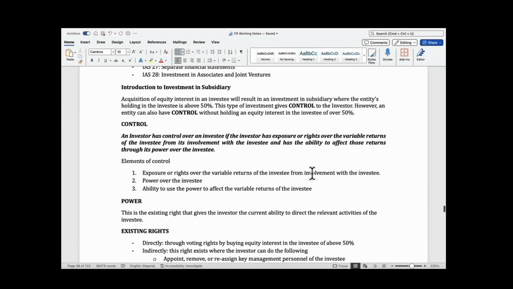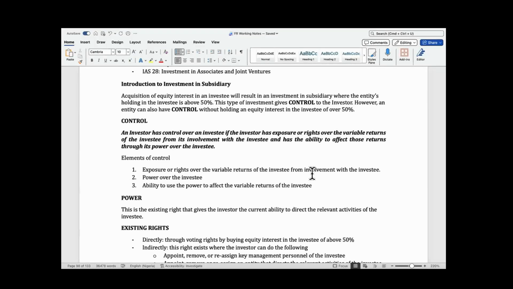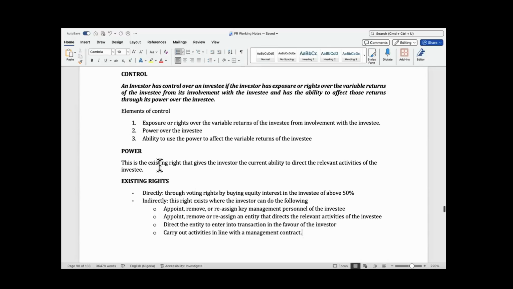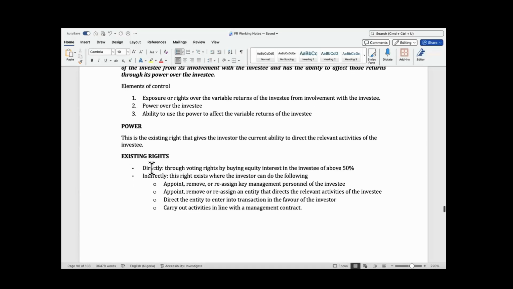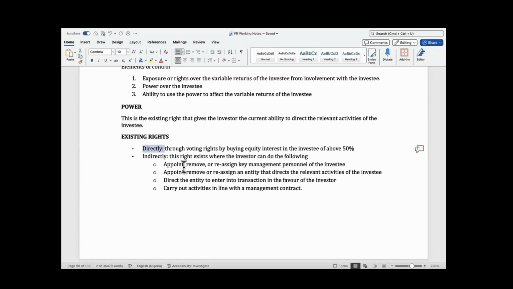So that investment in subsidiary, it gives you control. That gives you the power to affect the variable returns of the investee. And this power that you got from some rights is either coming directly through buying of shares or indirectly through the fact that you can appoint and fire key management people.